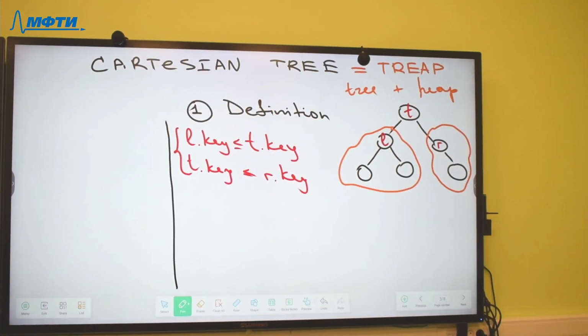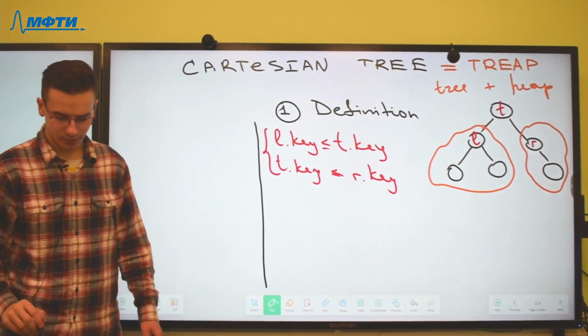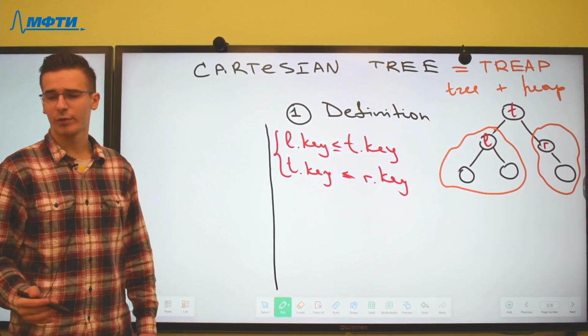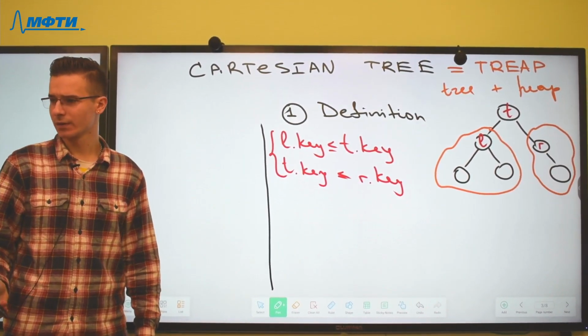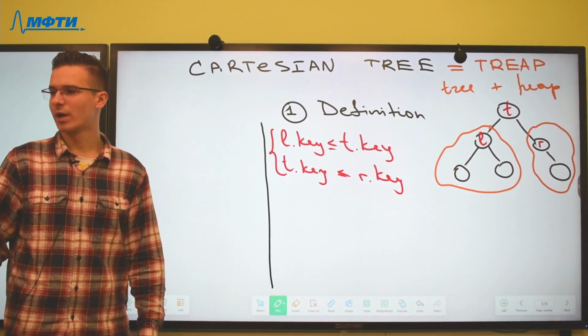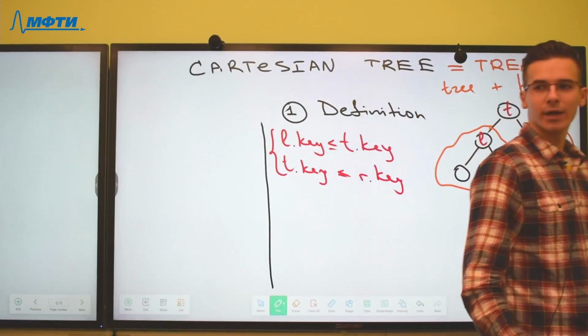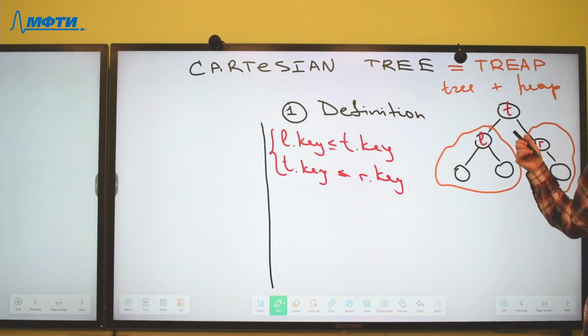And now the heap property. If we work with a heap, there is one property of the heap. What is that? For example, the maximal property: the root has the maximal number in it.